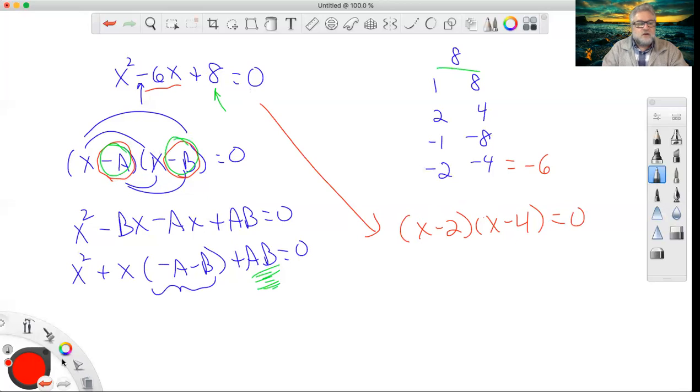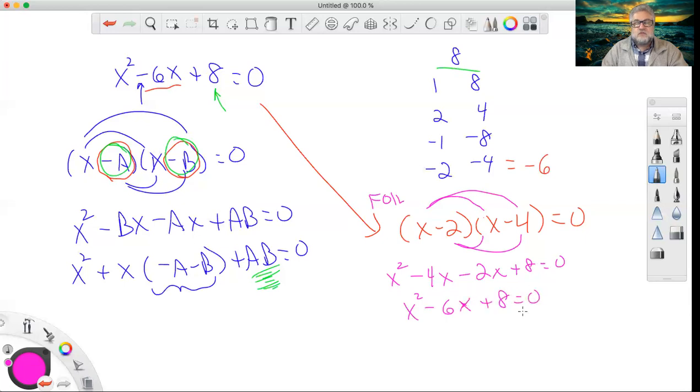And just for fun, and it is an awful lot of fun, let's check it. So I'm doing FOIL again: x squared, outside 2, minus 4x, inside 2, minus 2x, last 2, plus 8. So x squared minus 4 minus 2 is minus 6x plus 8 equals 0. So I just wanted to prove I didn't lie to you.